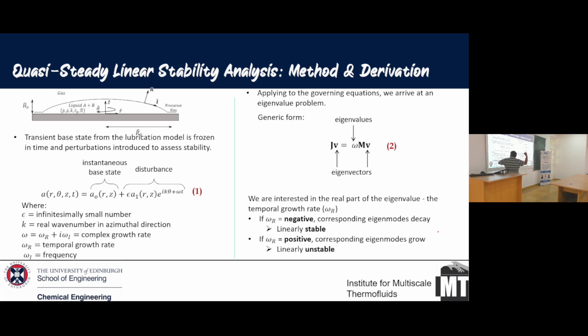It could be fluctuation in temperatures, fluctuation in velocities, fluctuation in the local pressure, you name it. You can have any sort of a perturbation. A is a general perturbation. And you can see that you've got a base state which is instantaneous. So there is no function of t here. So it's basically frozen in one time. You do a stability analysis, frozen the next time, do a stability, and so on and so forth.